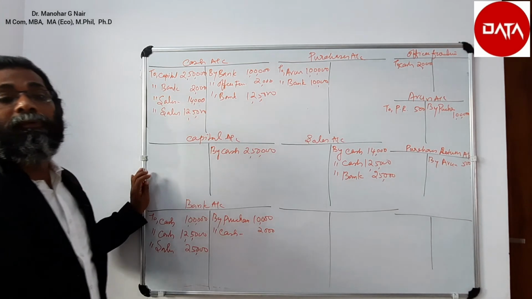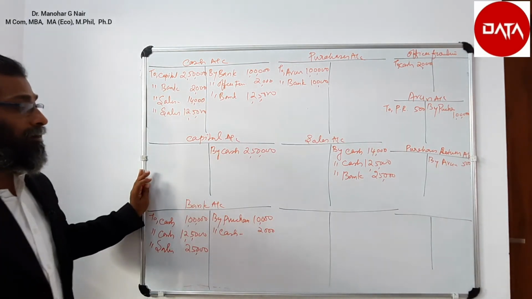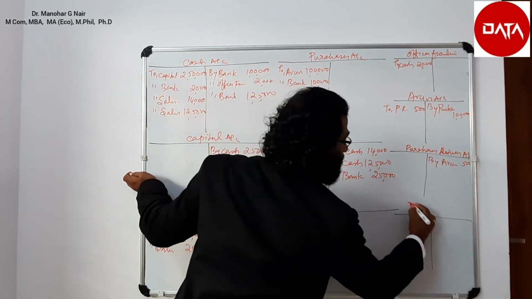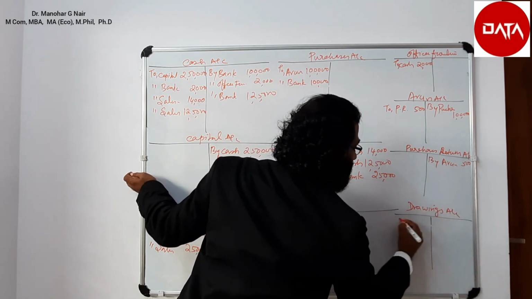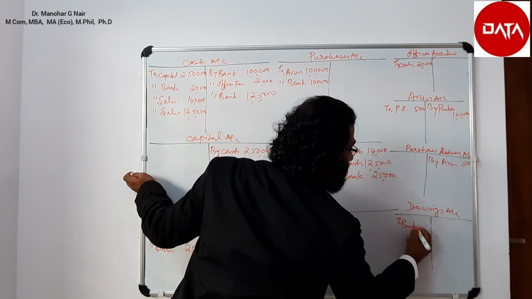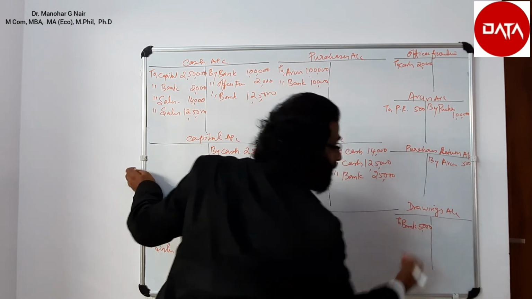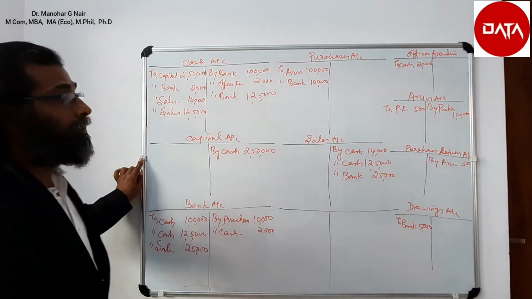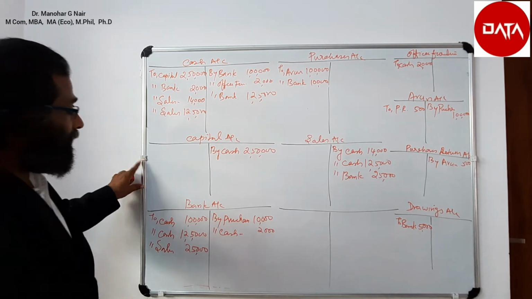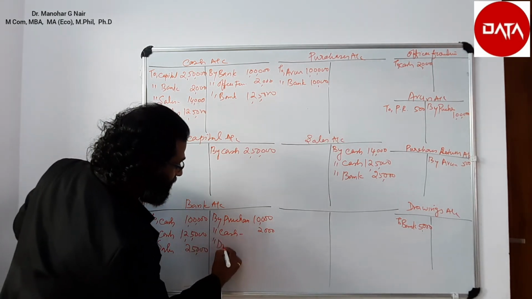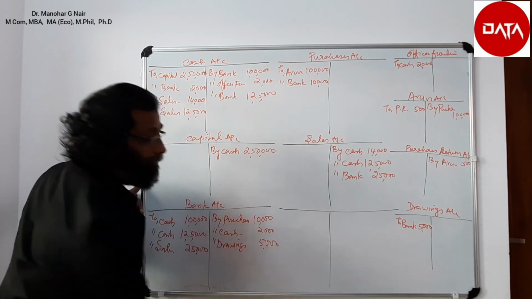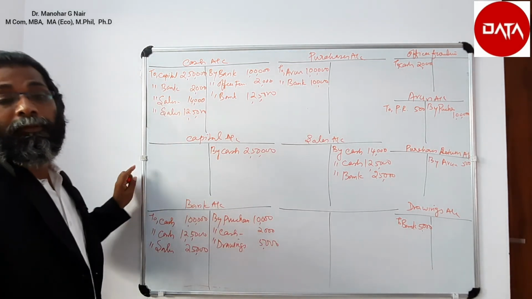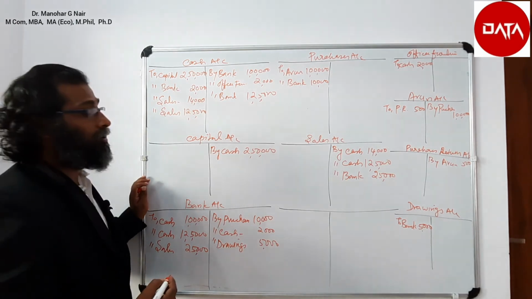Now drawings account debtor to bank. So we need to open another account, drawings account. Drawings account debtor to bank, amount 5,000. So in the bank account, by drawings, 5,000. Now bank charges account debtor to bank.